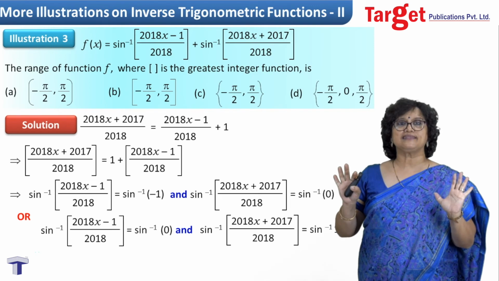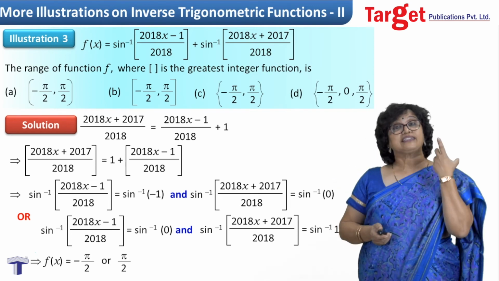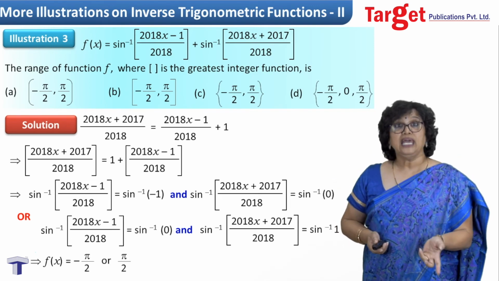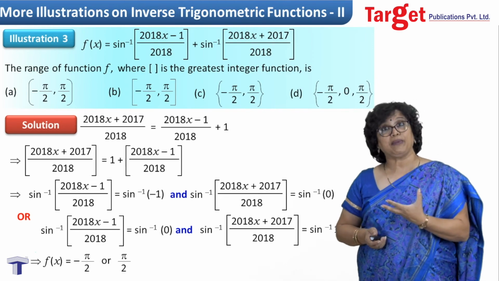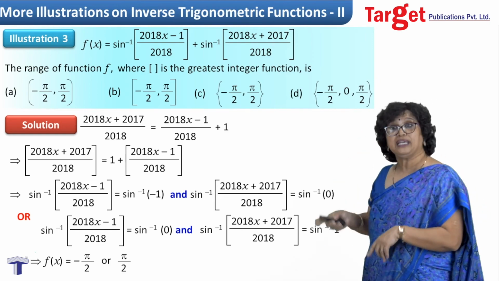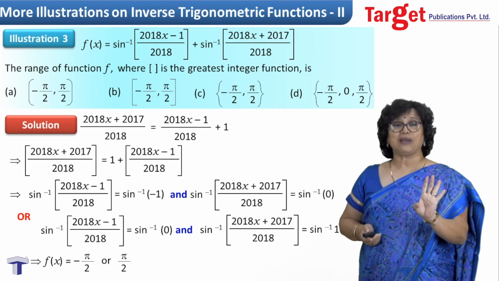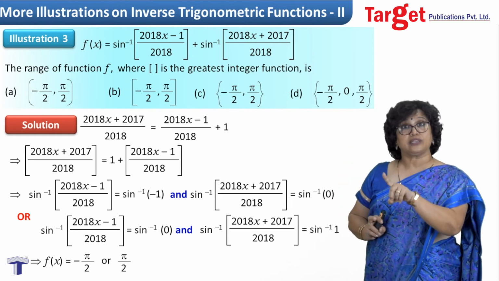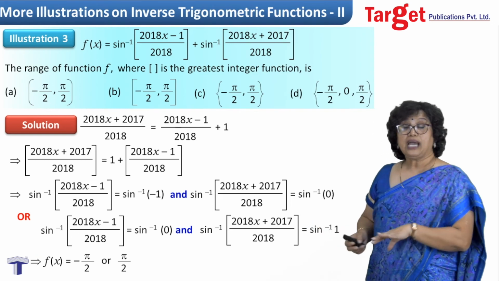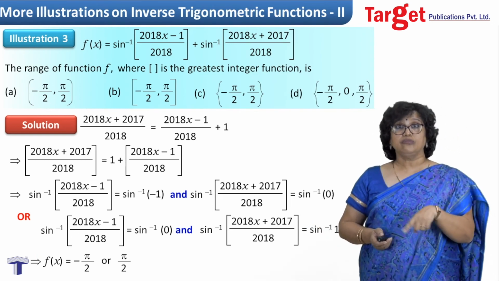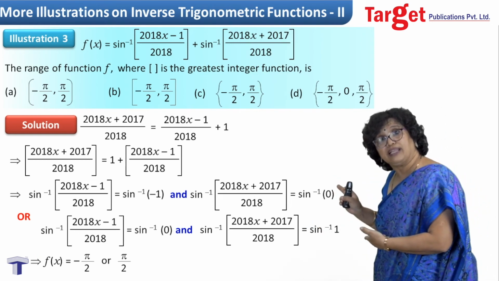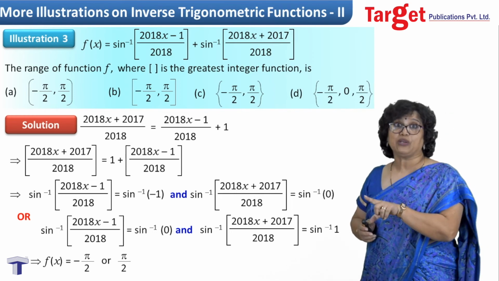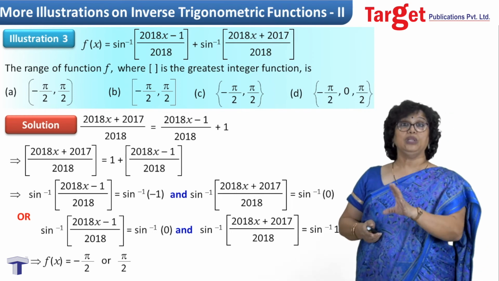Only these are the options left, and hence f(x) can take values only as minus pi by 2 or plus pi by 2, because the first part tells me sine inverse of minus 1 is minus pi by 2, sine inverse of 0 is 0, so minus pi by 2 plus 0 leads to minus pi by 2, and the other option is sine inverse 0, which is 0, and sine inverse 1, which is pi by 2, so 0 plus pi by 2. So the second option leads to only pi by 2.